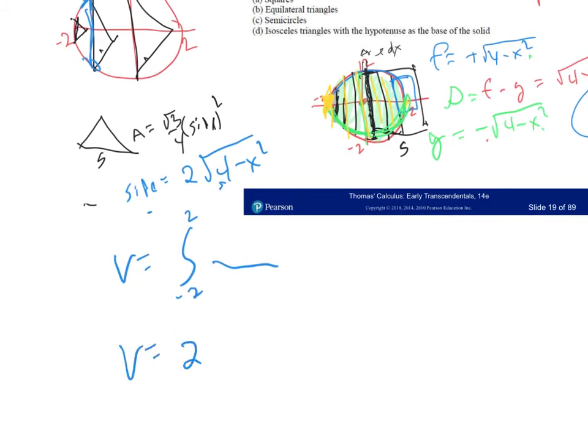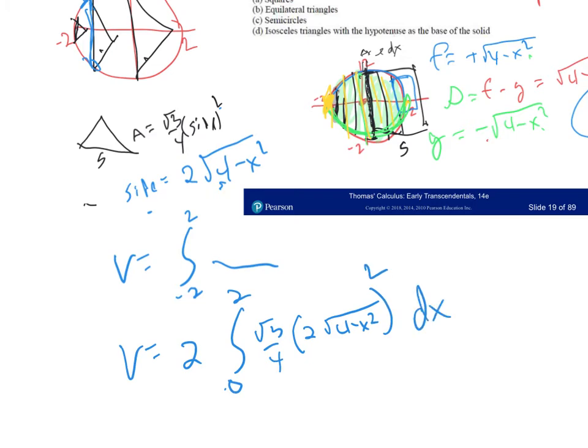I'm going to go 2 times the integral from 0 to 2 of square root of 3 over 4 times my side squared, which would be 2 times square root of 4 minus x squared, all squared dx.